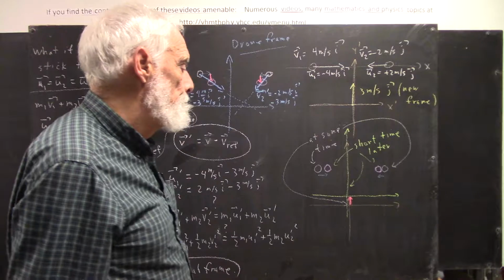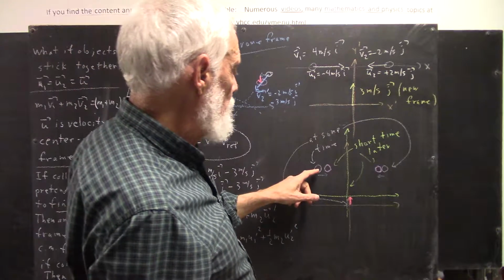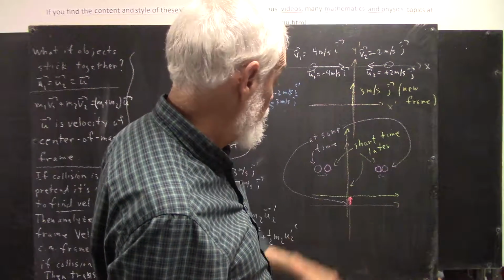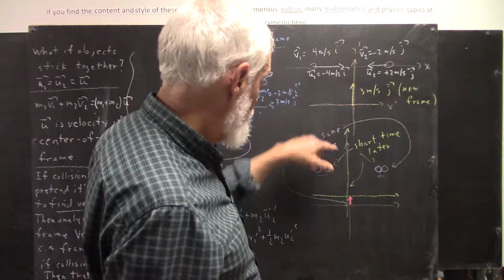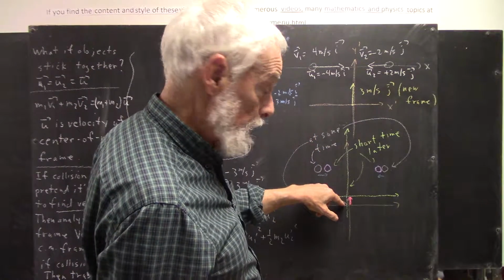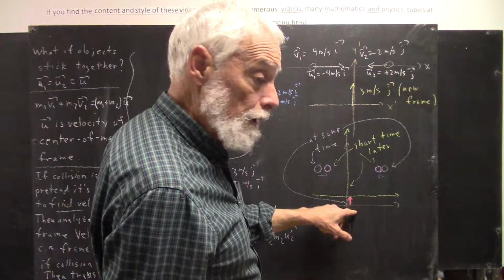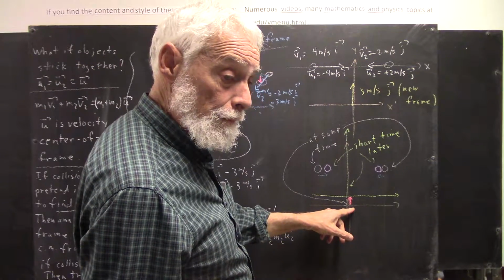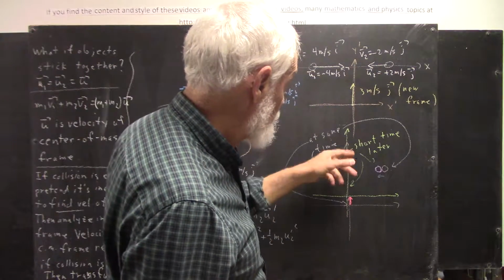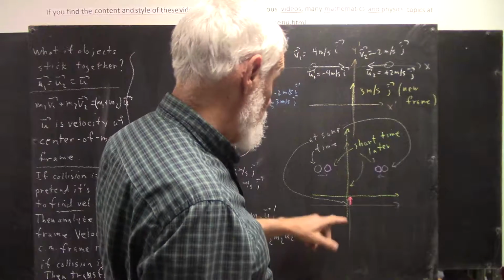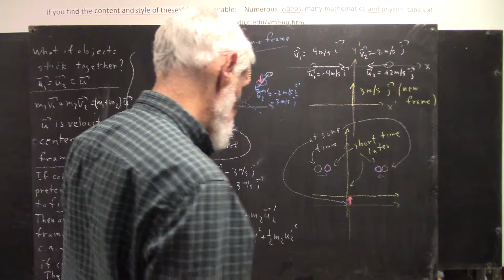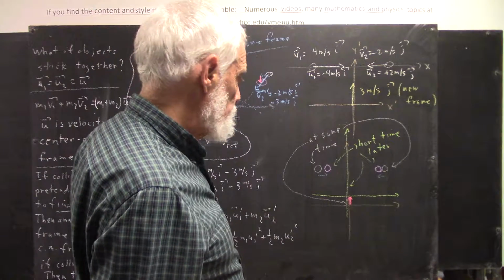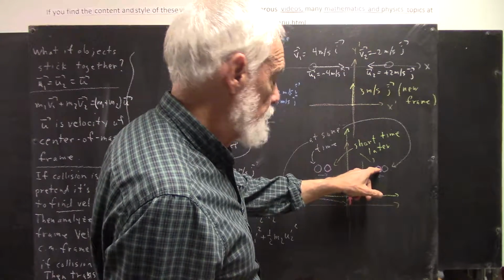Okay, so at the same time this mass is here and this mass is here, we're going to say this white arrow indicates that at the same time the reference system is here. Our x and y axes of our drone system are here. Now a short time later, the two objects are here and here.